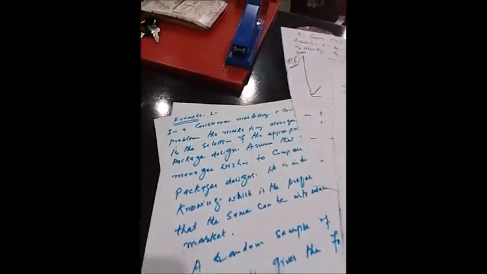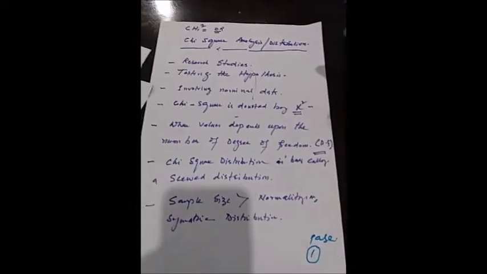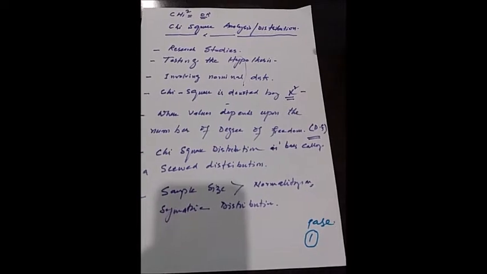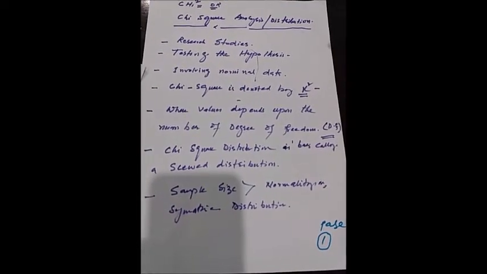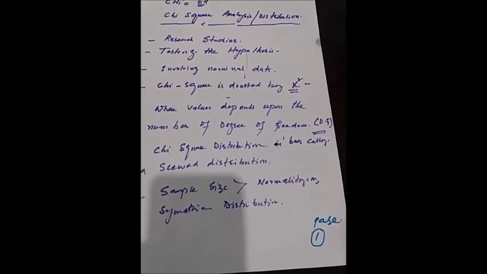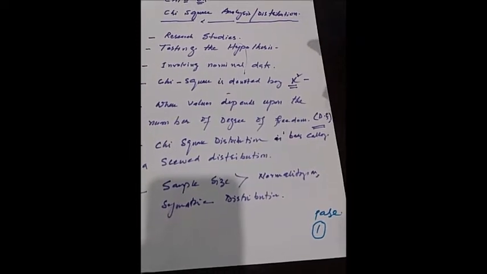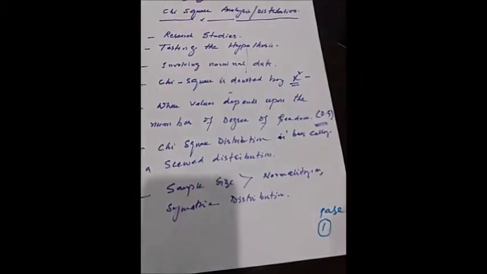So, we can see that this is the first page of the previous lecture, the chi-square distribution, the overall picture and summary of the chi-square, how and why chi-square is used, in which kind of data the chi-square is important to use, and how the chi-square test is applied.